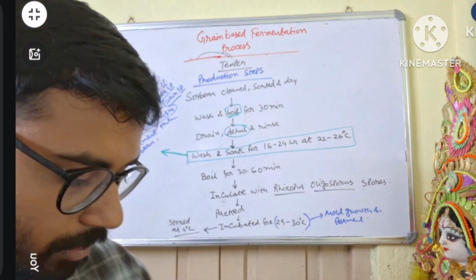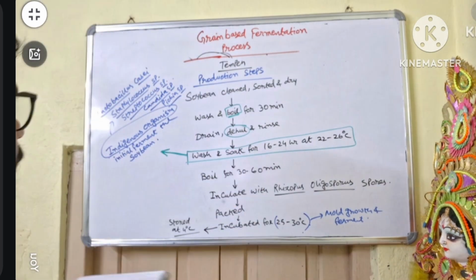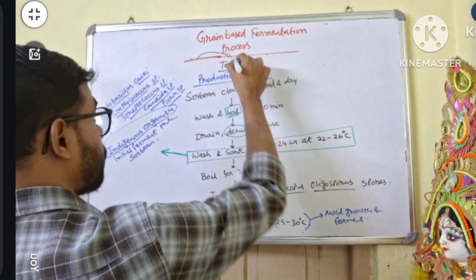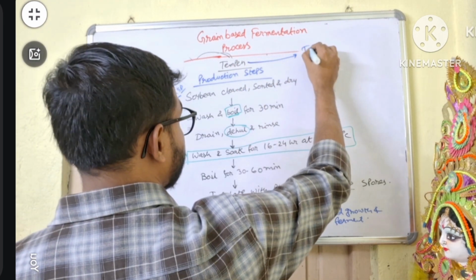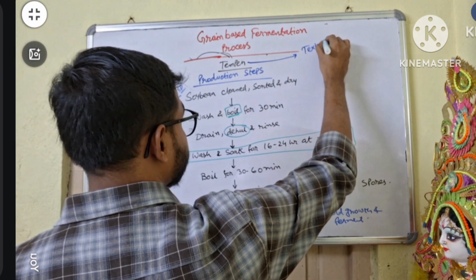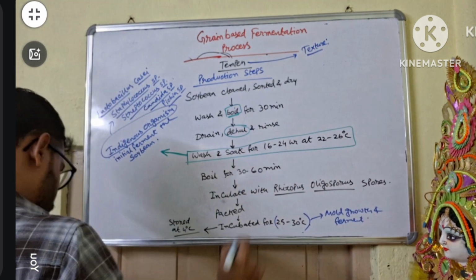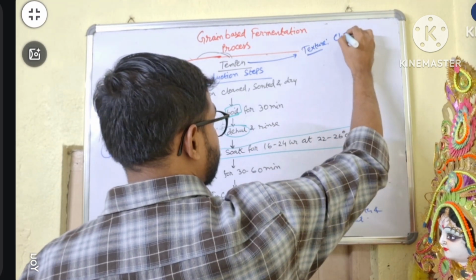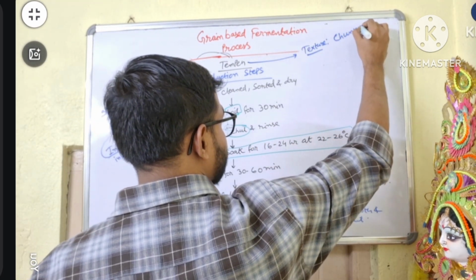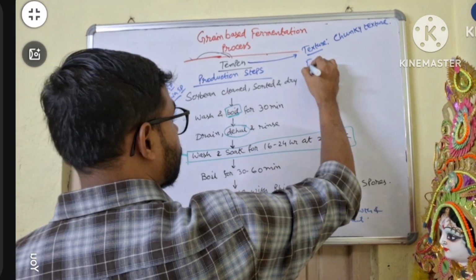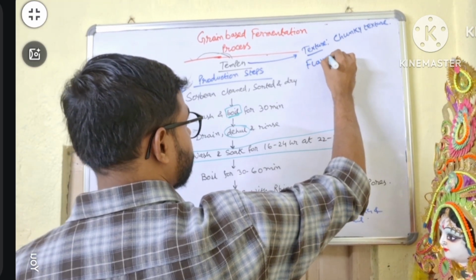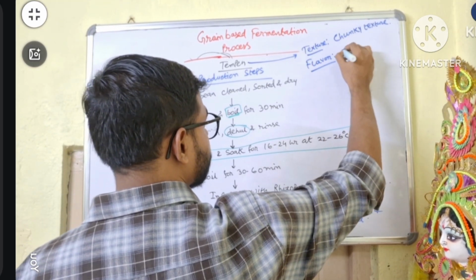The texture and flavor is the tempeh texture. Chunky texture means cake-like. Nutty flavor, mushroom flavor.